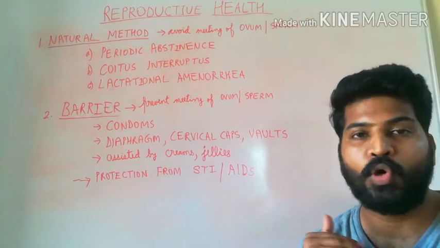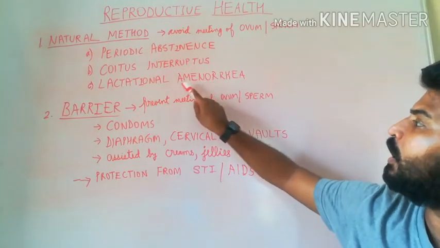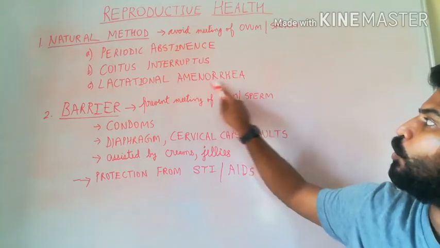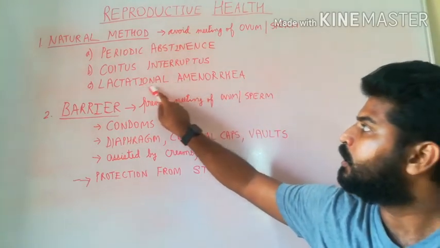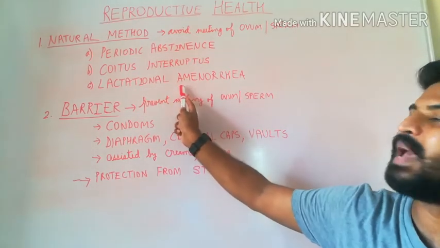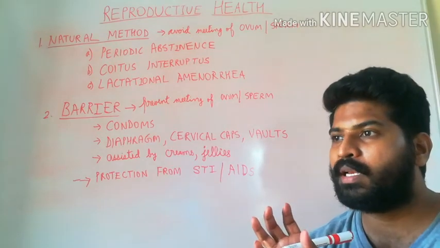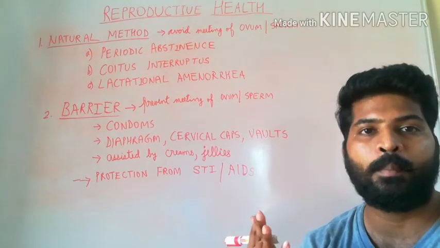Hence, there is no ovulation during this period. Lactational amenorrhea, that is, no menstrual cycle. When the mother is breastfeeding the child, the menstrual cycle is absent, hence ovulation is absent. But it is known to last only up to 6 months.